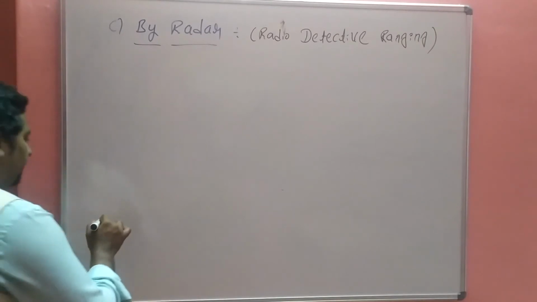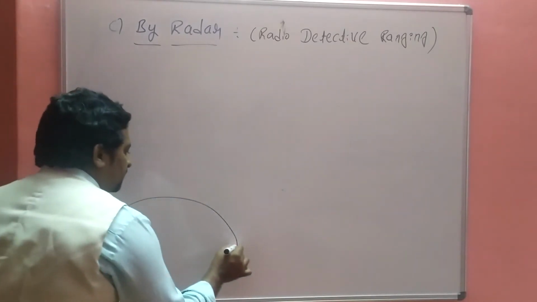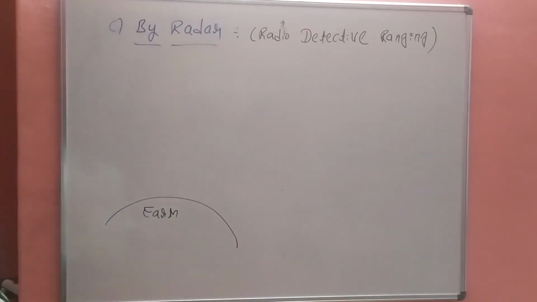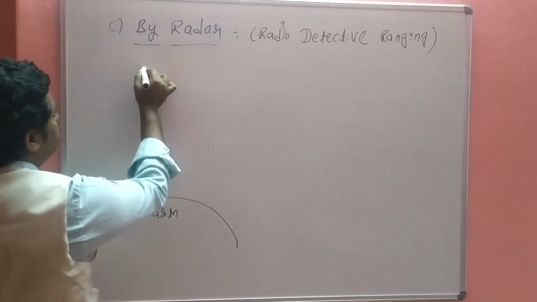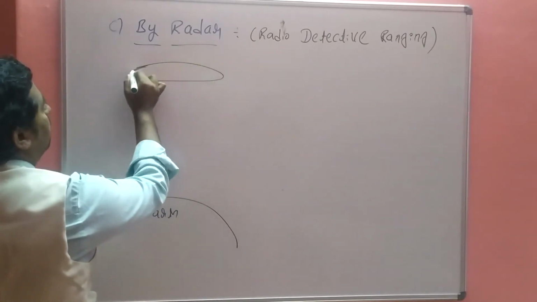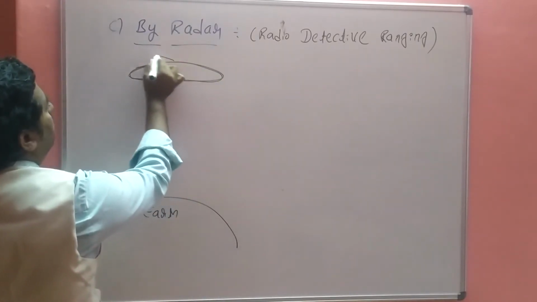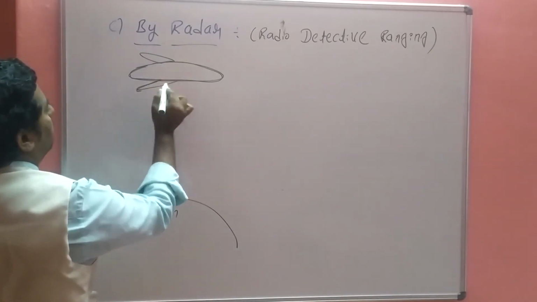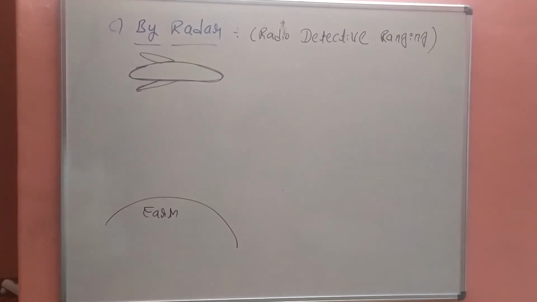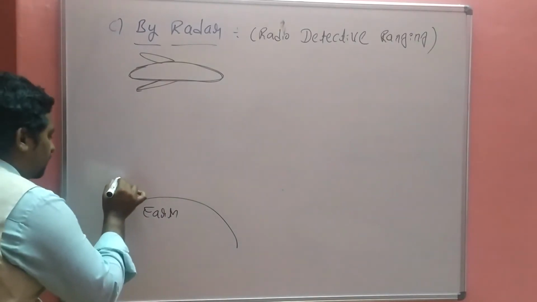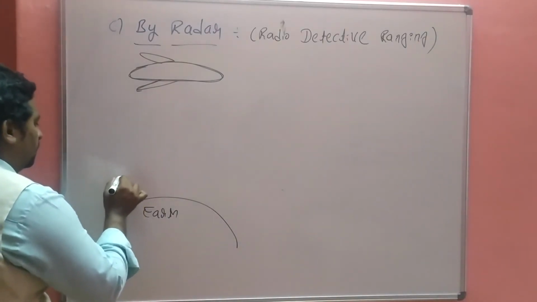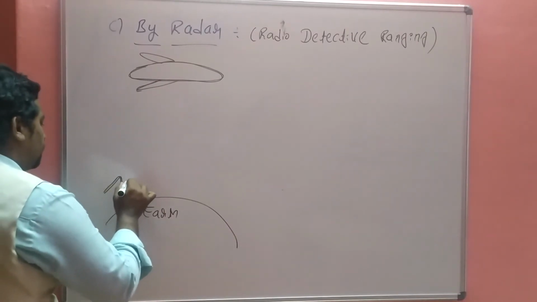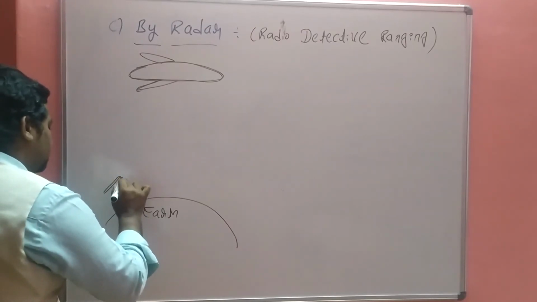Very simple. The method is the same. This is the Earth. This is the object. Okay, so this is a transmitter, to transmit the signals.